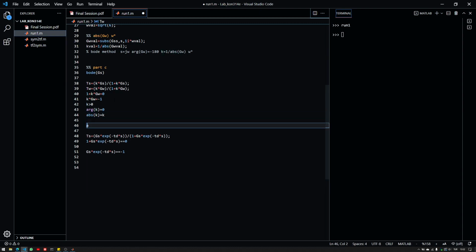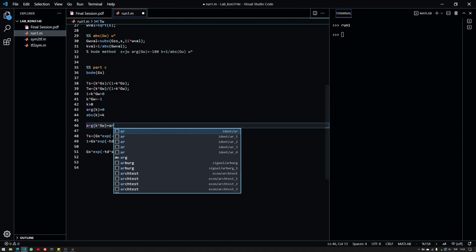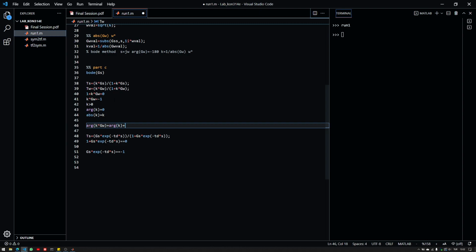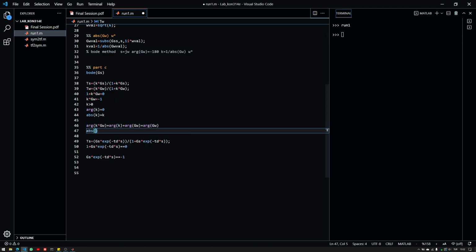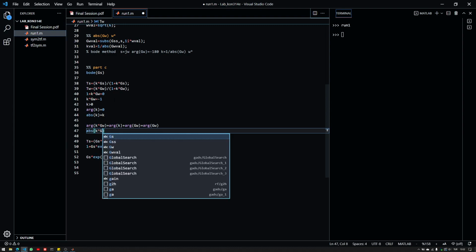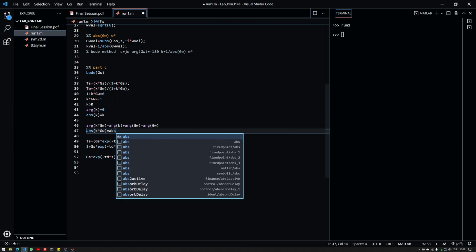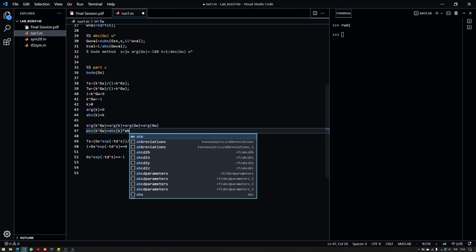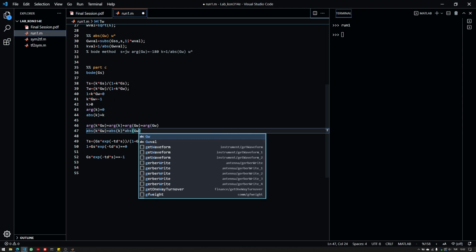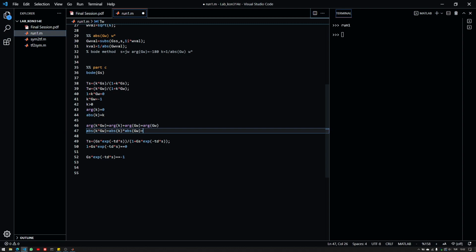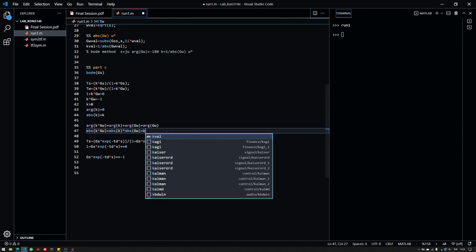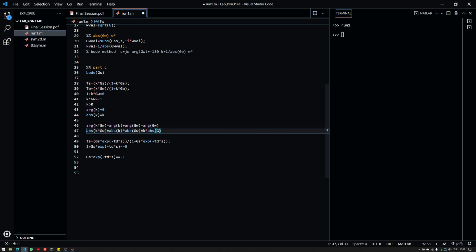Therefore, the argument of k times g omega would equal the argument of k plus the argument of g omega, which would then reduce down to the argument of g omega. And the same goes for the absolute value. The absolute value of k times g omega would be equal to the absolute value of k times the absolute value of g omega. And then we know that this is equal to k. We can conclude that this would be k times the absolute value of g omega.